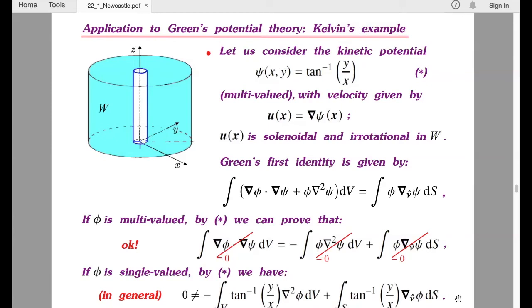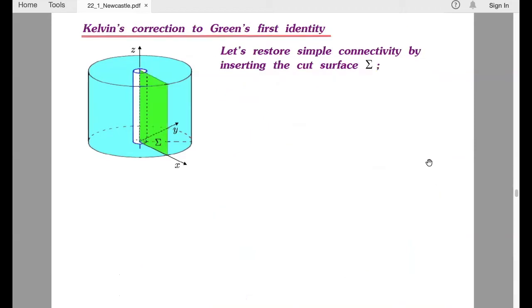Now, we want to work out this expression in terms of Riemann's cuts. And this is exactly what Kelvin did. Okay, so if we use Riemann's approach, let me go to this slide. You see immediately that the segment as a cut Q becomes a surface, a green surface that I identified with the letter sigma.